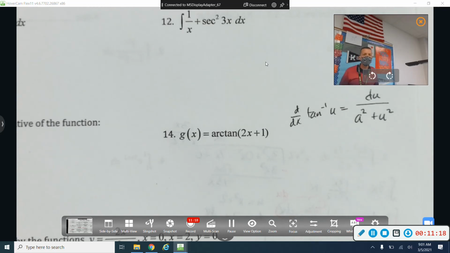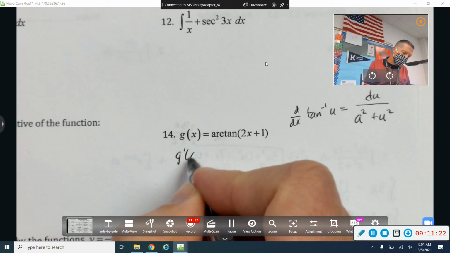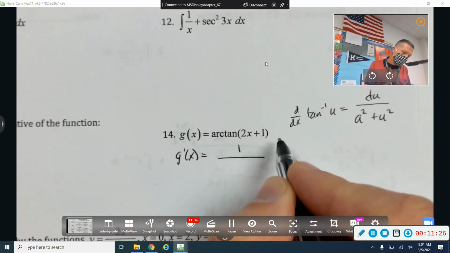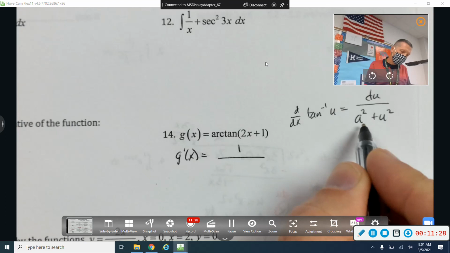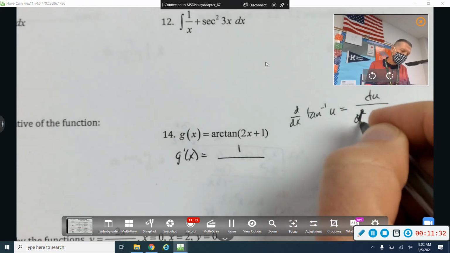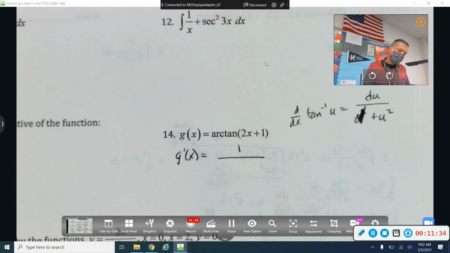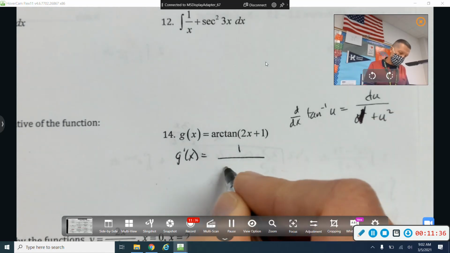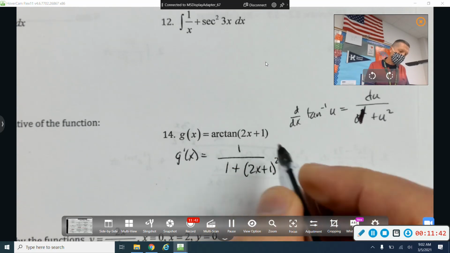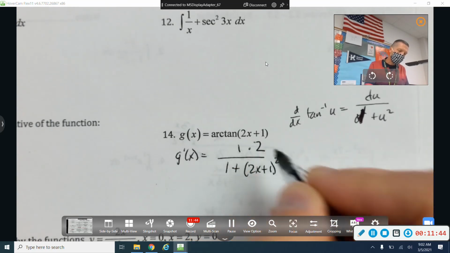Tangent is the one that's a little more straightforward. So g prime of x would be 1 over a squared. Oh, it wasn't a squared, right? It was just 1. 1 plus u squared. Because there aren't any a's. So 1 plus 2x plus 1 squared, and then chain rule times 2.